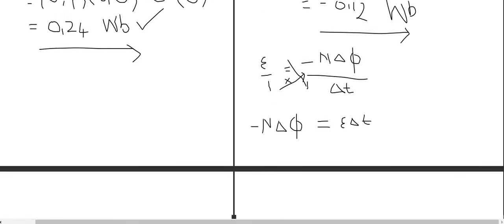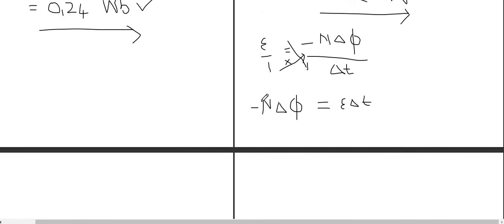As you can see, I still don't have N, or the number of turns of windings, as the subject. To do that, I will simply divide both sides by the negative of the change in the magnetic flux, so that at least on this side I'm only left with N. So what you do on the right, you must also do on the left, or what you do on the left, you must also do on the right. It's maths. And if you look at that, these two values on this side will cancel.